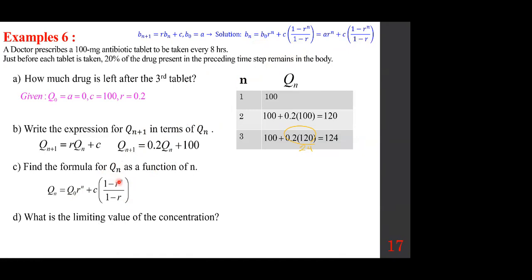Okay. Back to the given, everybody. Plug in. Q sub 0 or A is 0. Lowercase c is 100. R is 0.2. Just plug in.